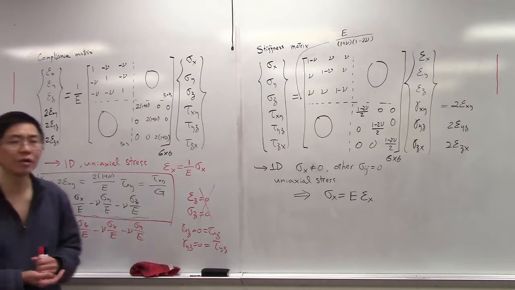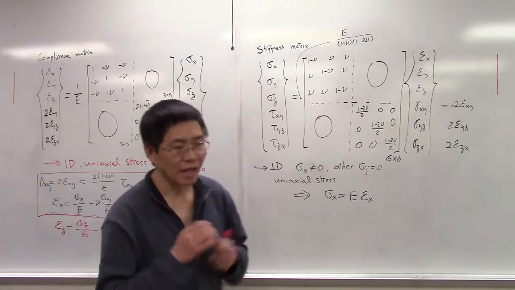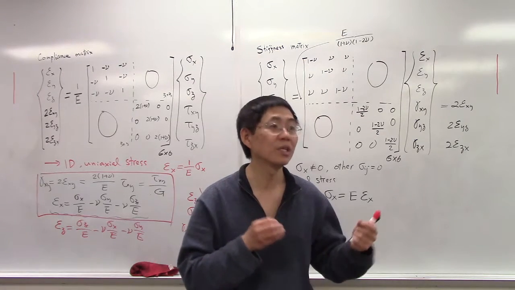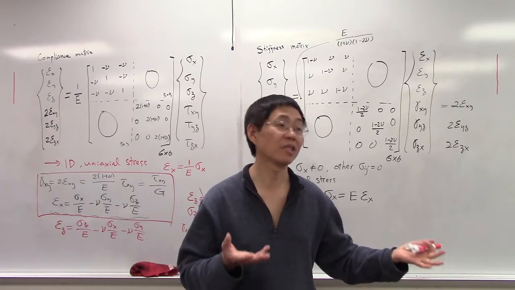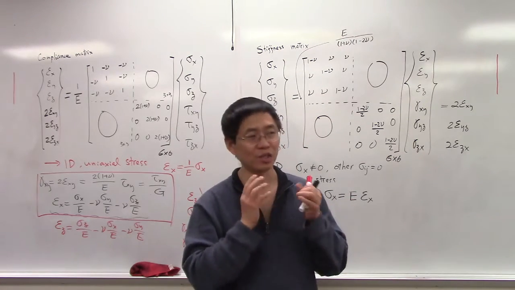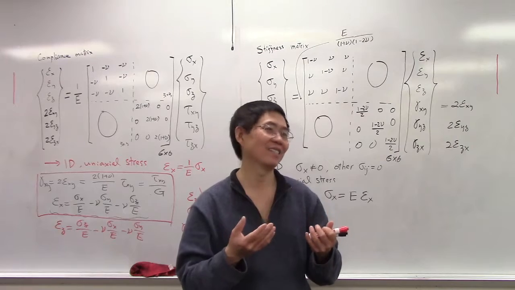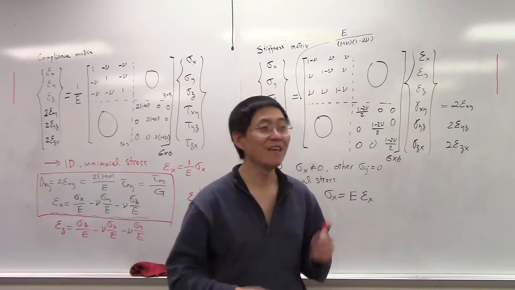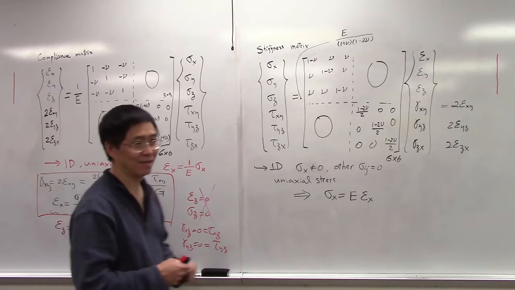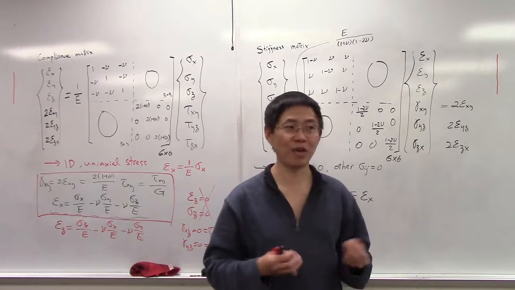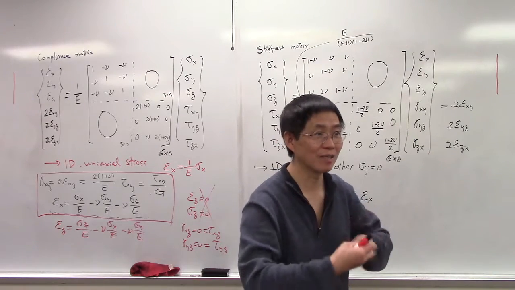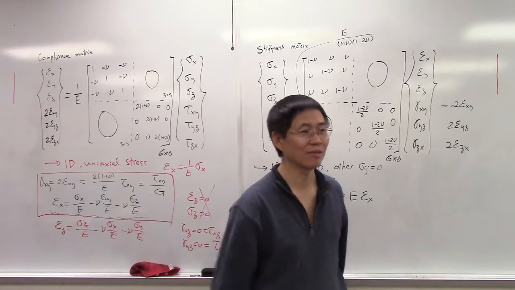Therefore, we can never have a pure 2D stress case, strain case. I should put these two together. If the stress is 2D, the strain will be 3D. In fact, even for the 1D case, uniaxial case, you can only say uniaxial stress. Strain is actually 3D because of shrinkage in the two lateral directions.